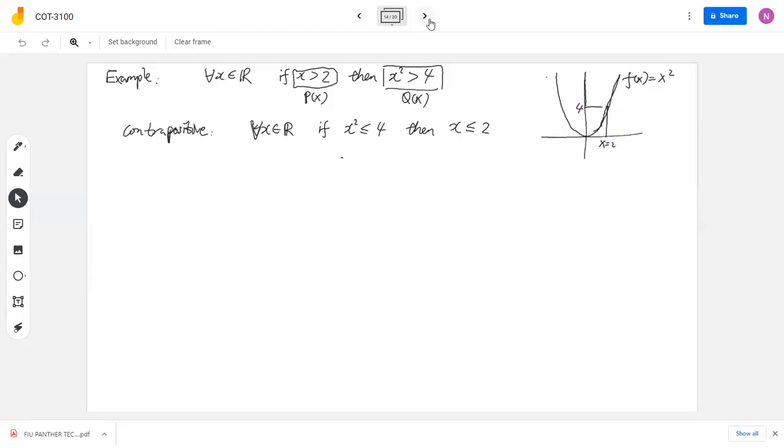Therefore x bigger than 2 is in this region, and x squared larger than 4 is definitely true. So the contrapositive is: for all x, if x squared is less than 4, then x must be less than 2.